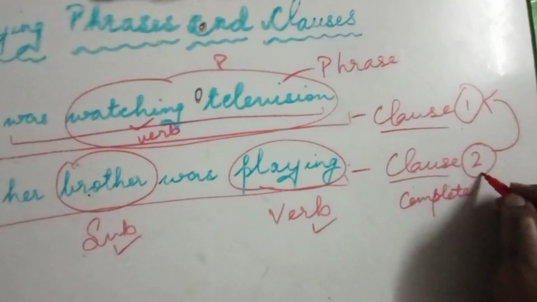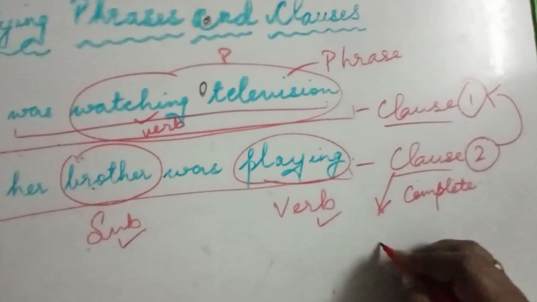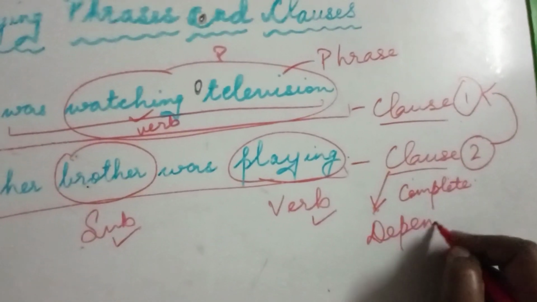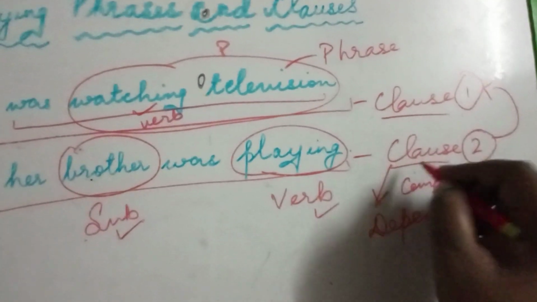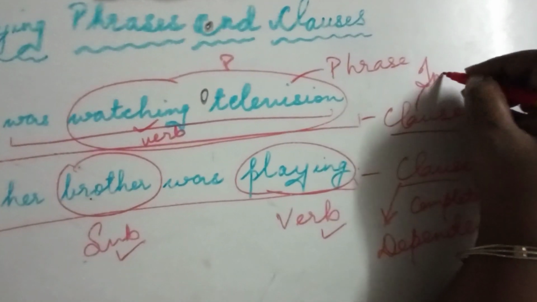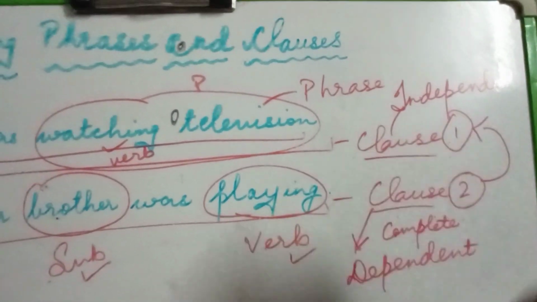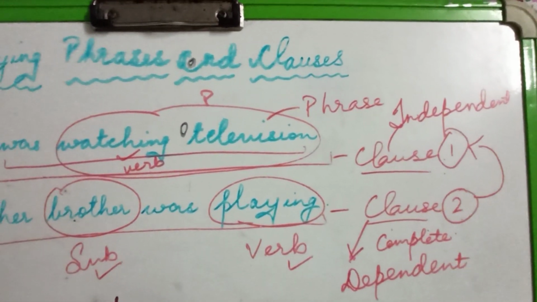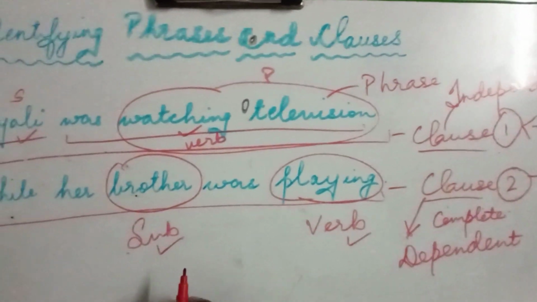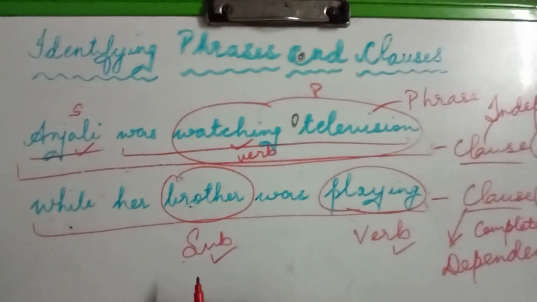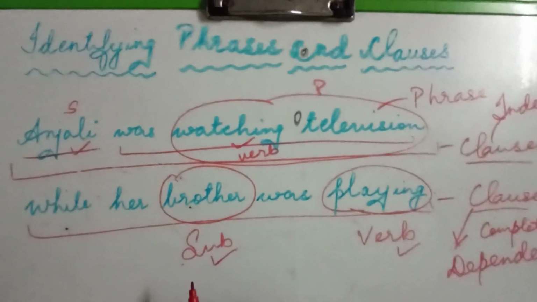So clause number 2 is known as a dependent clause, which depends on an independent clause to give its complete and clear meaning. So this is how you are going to identify phrases and clauses in the sentence.